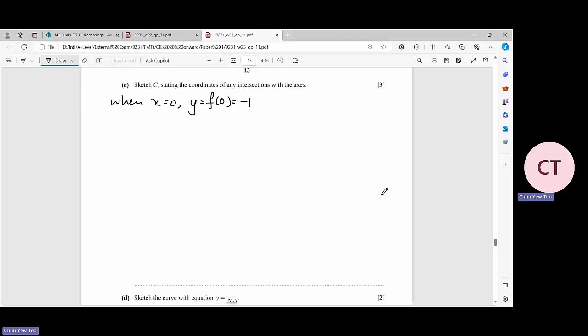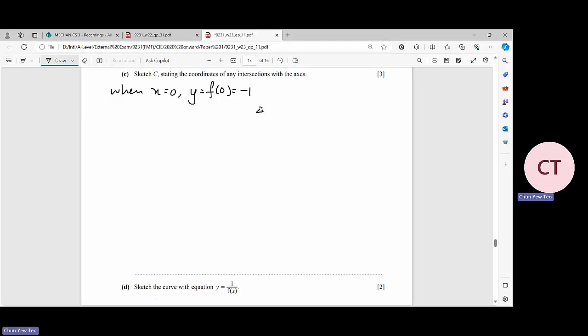Okay, now ready to draw the graph. So in the exam, try to make use of at least 70% of the space given and try to draw with a proper scale so that you can get the graph more accurate and show your graph in a better way. So this is negative 1. This is positive 1.